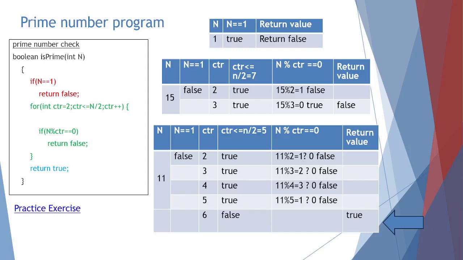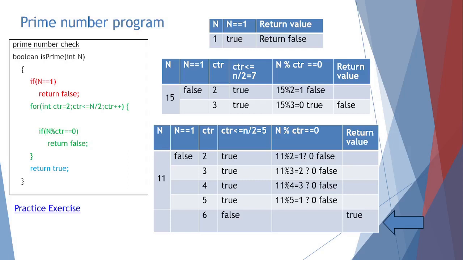Now, the for loop starts at 2, CTR is 2, CTR less than equal to n by 2. Now, what is n? 15. 15 by 2 is 7. It takes only the quotient. So this for loop is supposed to work from 2 to 7.